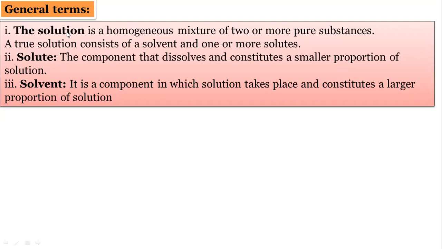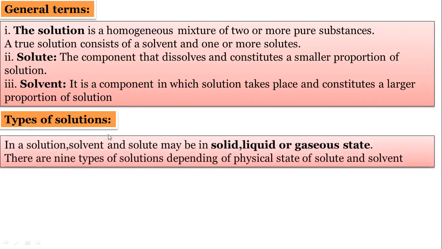In case of solution, the solute and solvent may be different. It may be solid, liquid or gas. So depending upon the solute and solvent, solute may be solid, may be liquid or may be gas. Also the solvent may be solid, liquid or gas. So depending upon the nature of the solutes and solvents, there are 9 types of solutions, remember. Before this, we didn't study these types of solutions.